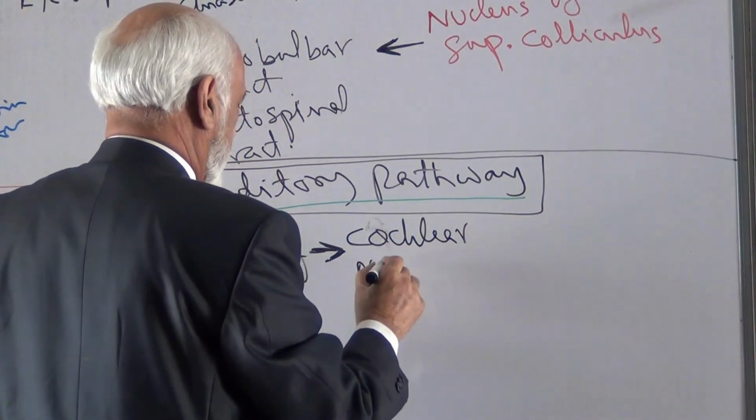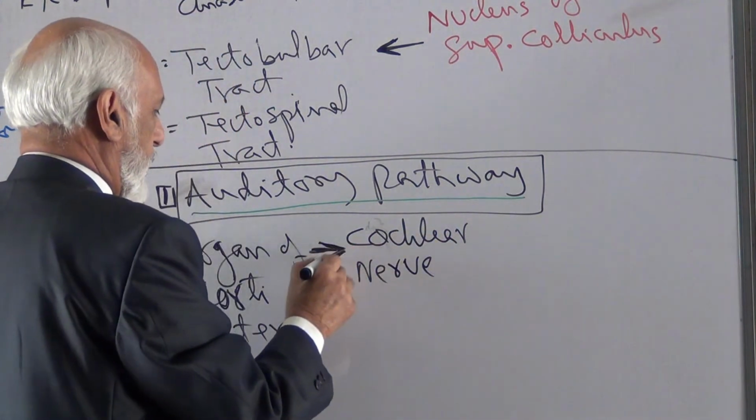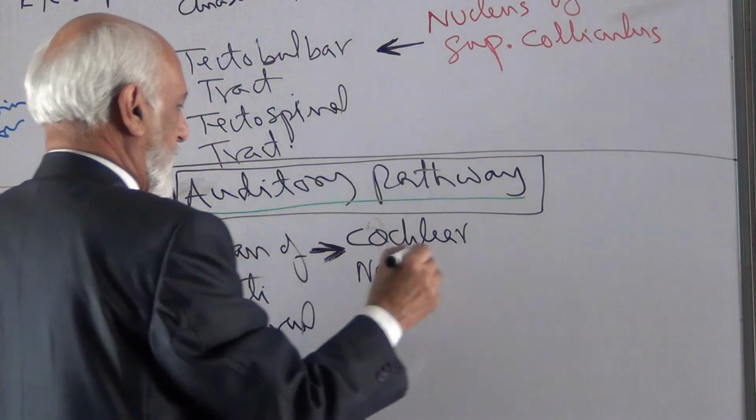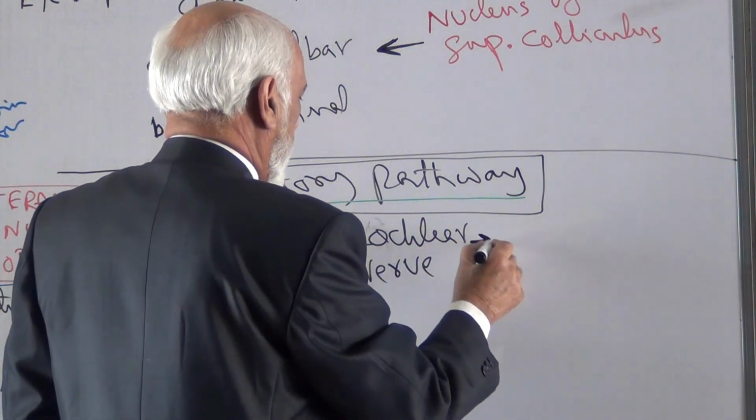The impulses from the organ of Corti travel via the cochlear division of the vestibulocochlear nerve, or cochlear nerve, and enter the medulla oblongata.